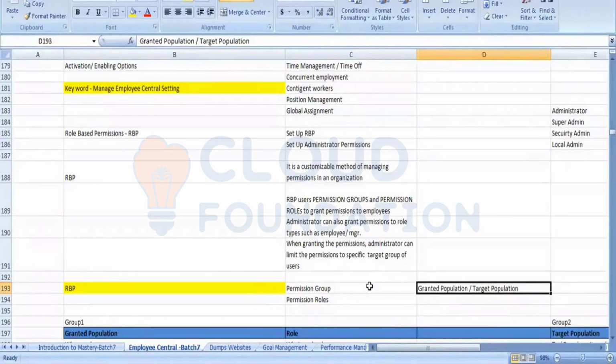Locally they have 100 employees. So to access those 100 employees, I am giving you the permission as an admin. So you will be only accessible to employees working in Germany location.